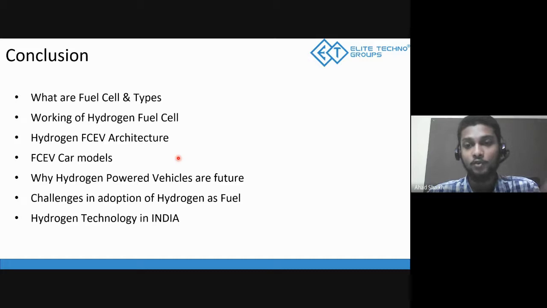There are just a few outlets. So we'll have to see how exactly those outlets get their hydrogen generated. But it should be green hydrogen only, because if you get hydrogen in any other way, it doesn't make sense to call that use of hydrogen green energy in a vehicle.